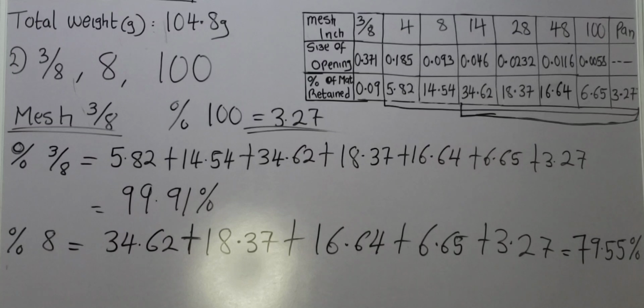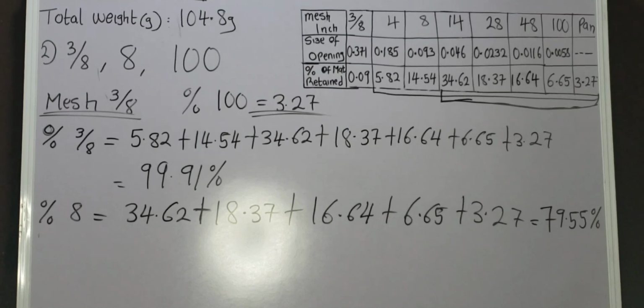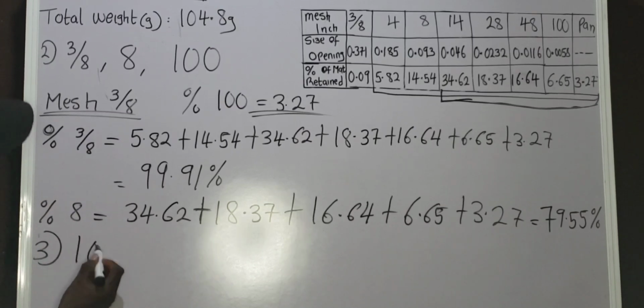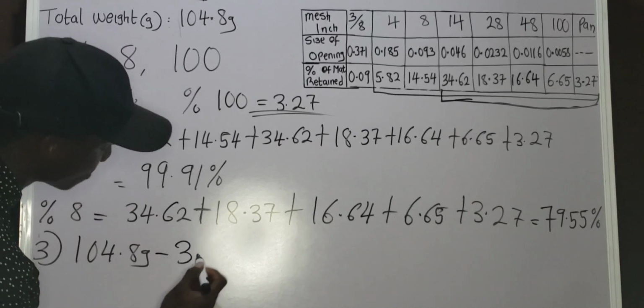We are told that 3.85 grams of the materials was lost during the first analysis. So in order to get the amount of ground wheat that we are going to use for further analysis, we are going to subtract the amount that was lost. That will be 104.8 grams, which is the total amount of ground weight that was subjected to sieve analysis, minus the one that was lost, 3.85 grams.